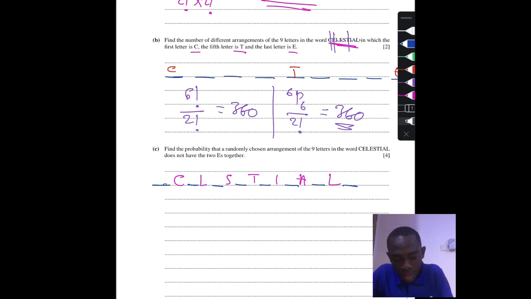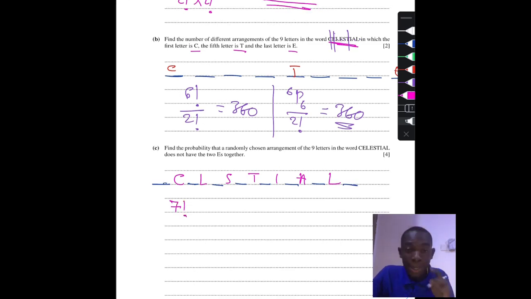So now how many letters have we actually put there? We have 1, 2, 3, 4, 5, 6, 7. So that means we have 7 factorial ways. But be careful, there are 2 L's that are repeating, so divide by 2 factorial. Times, how many slots do we have? 1, 2, 3, 4, 5, 6, 7, 8. 8 slots. And you are going to arrange how many? 2 E's.